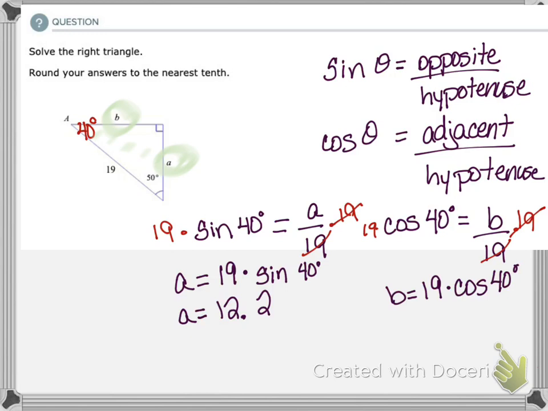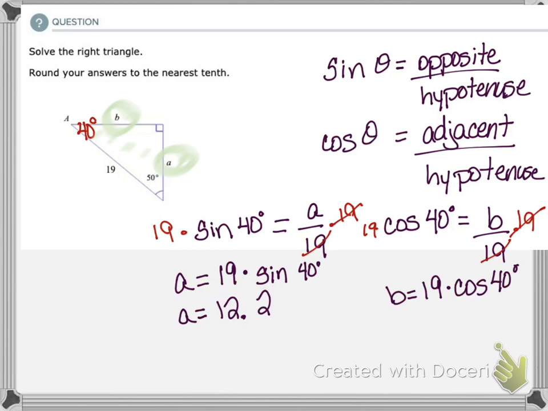So you have got to be sure that what you are telling your calculator to do is what you want it to do, because your calculator is going to do what you tell it to do. My advice is that you use the calculator on Alex and you just get comfortable with it and you know that you are putting it in the right order. So I do want you to be very careful with that.